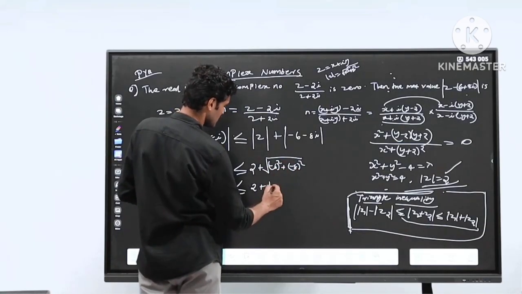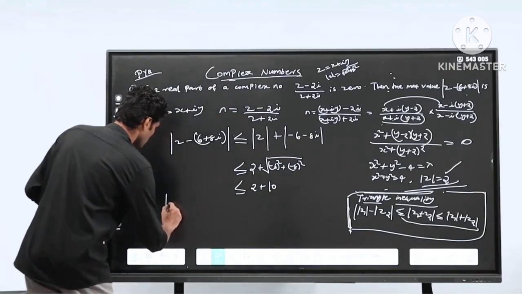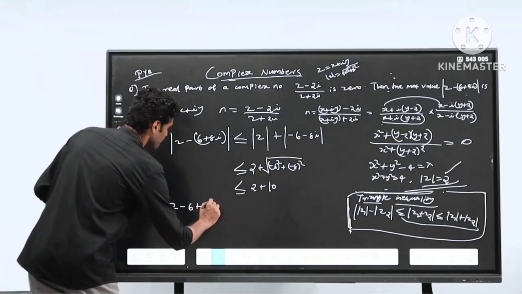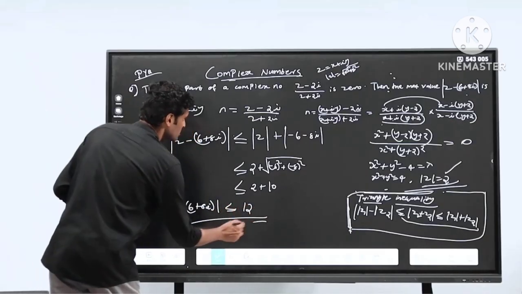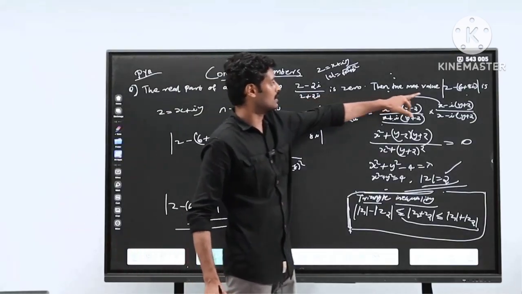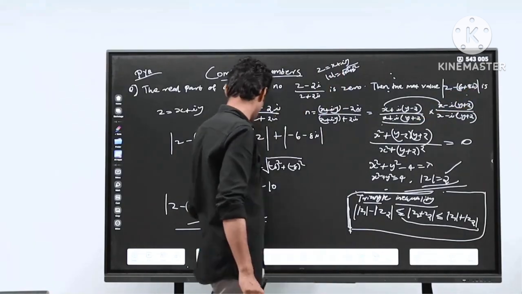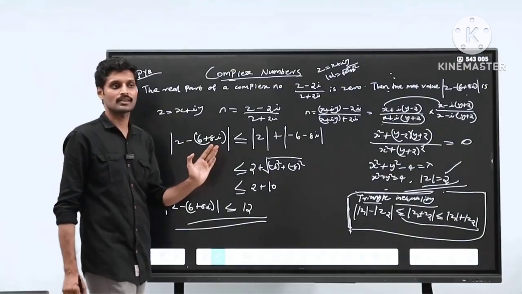Root 100 means it is 10. So mod z minus 6 plus 8i is less than or equal to 12. So the maximum value of mod z minus 6 plus 8i is 12. So that's the question. I hope you understand.